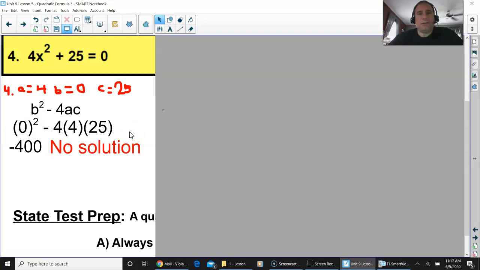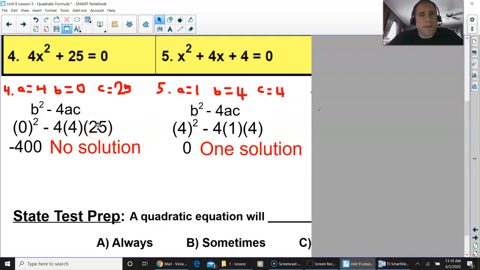Please go ahead and try number 5 now, and of course, press pause now. Taking a look at number 5, we have x squared plus 4x plus 4 equals 0. A equals 1, B equals 4, and C equals 4 as well. Use B squared minus 4AC.